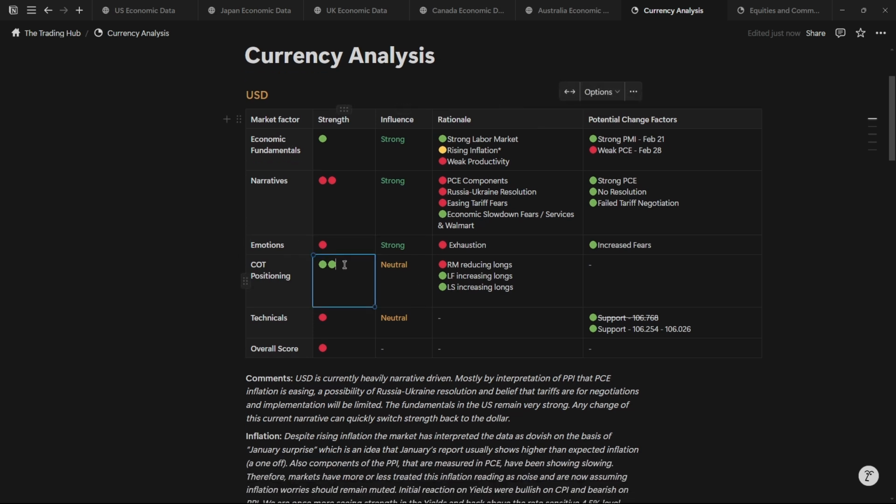Next, you have COT positioning. This is not a price driver, but it gives you an idea of institutional positioning. So how is institutional money positioned? We can see that real money is reducing longs, leverage funds are increasing longs, and large speculators are increasing longs.